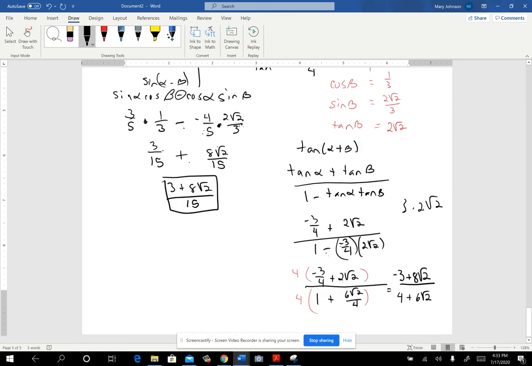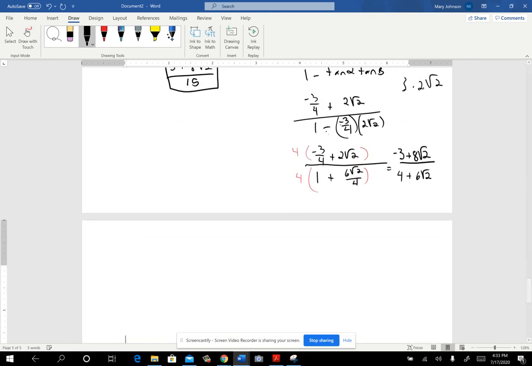Here I'm going to start from this point, but I have a radical in the denominator. So I'm going to use the conjugate of that and multiply the top and the bottom by the conjugate, because that'll get rid of the radical in the denominator.